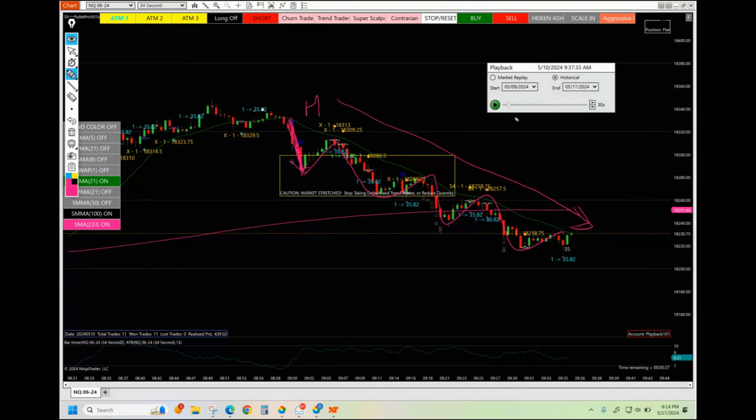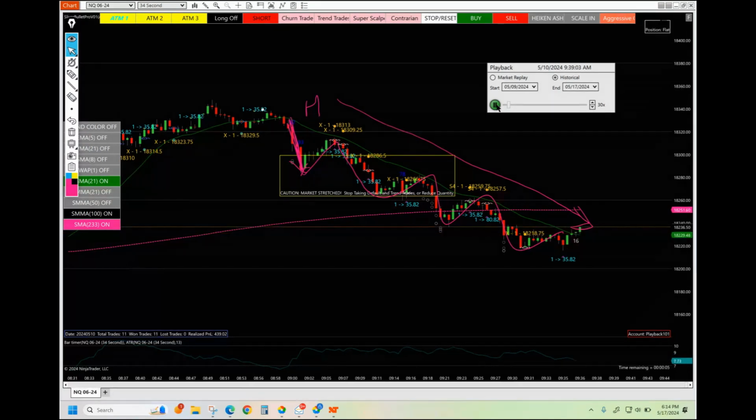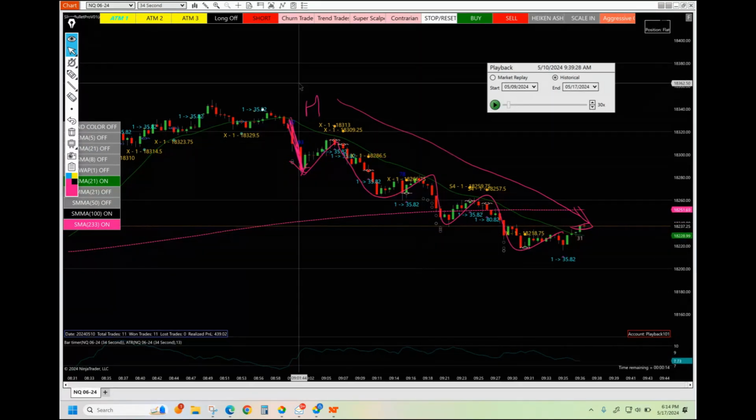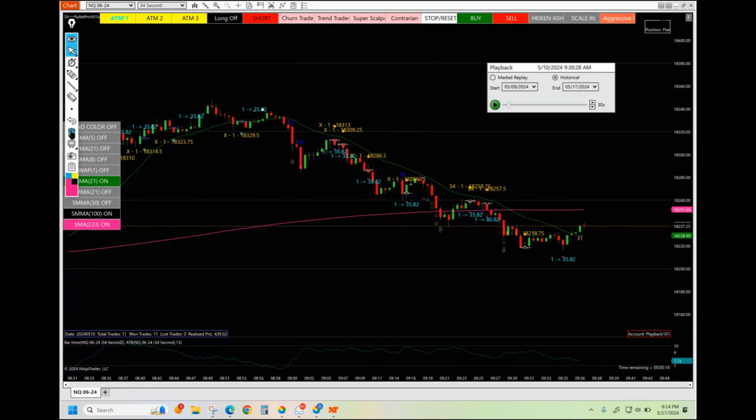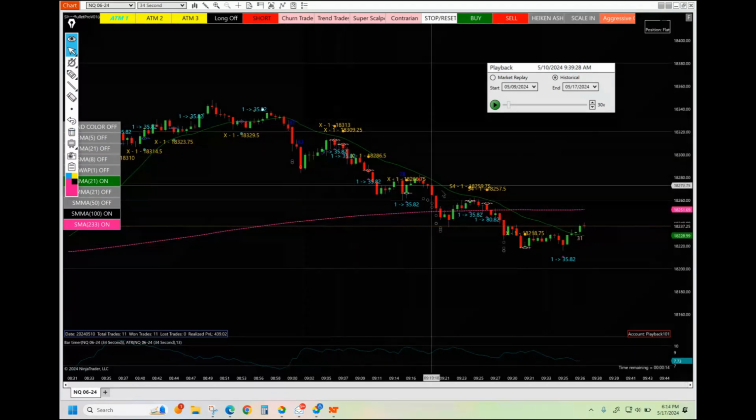But as part of the training, I want to continue and show you what's happening here. The market has pulled back above the 21 SMA for the first time in this entire downtrend.